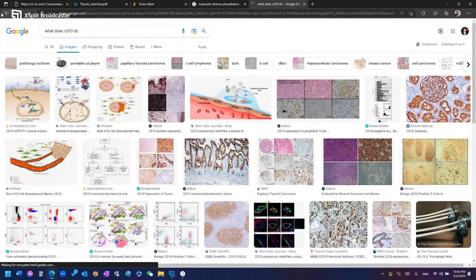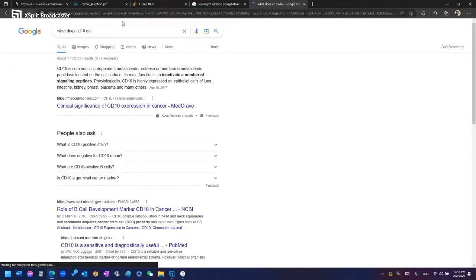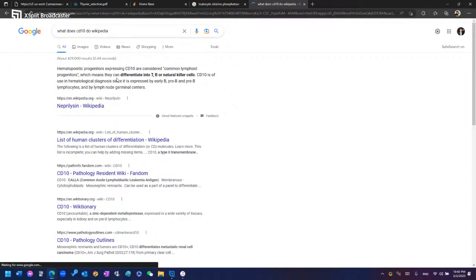Let's see if Wikipedia has this. Okay. So CD10 is a very early lymphoid progenitor sort of thing.